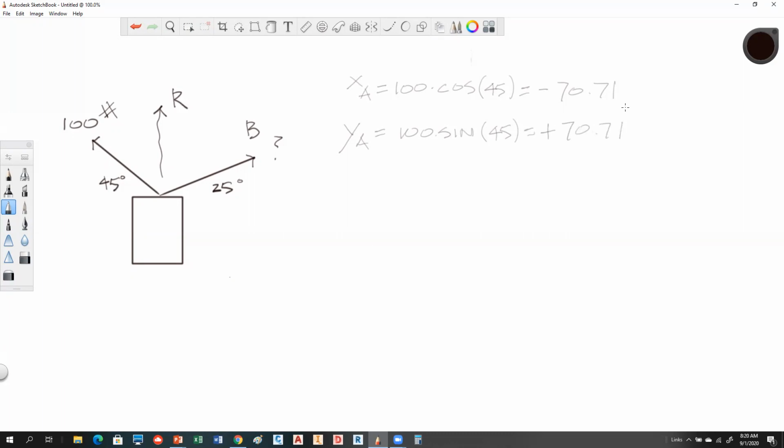So as we look at this, what we should know is that for this thing to go straight, if this x component is at 70.71, B's x component also has to be at 70.71 because they have to cancel. So what we can say is this has to be equal to x of B, but it has to be opposite sign in order for it to cancel.